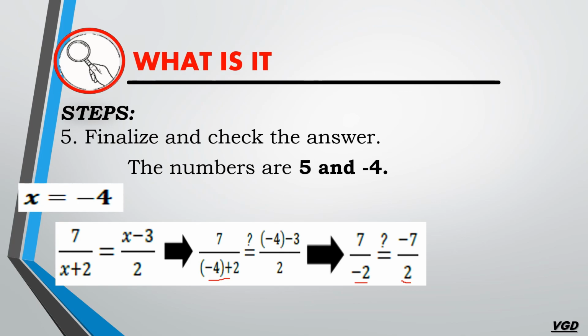Now, take note that 7 divided by negative 2 is equal to negative 7 over 2, and negative 7 divided by 2 is also equal to negative 7 over 2. Therefore, x is equal to negative 4 is the correct answer, since our left side and our right side have the same value. So that is how you finalize and check your answer.